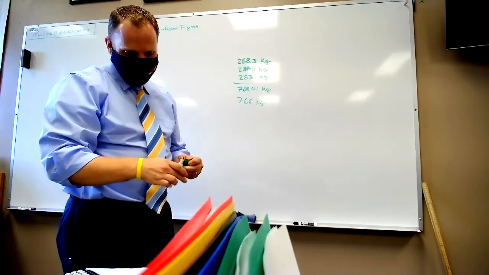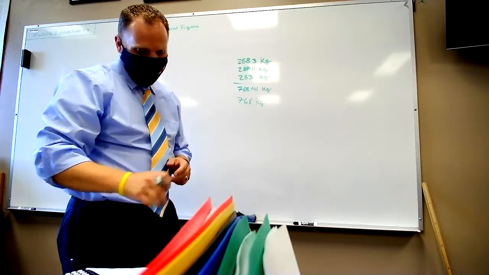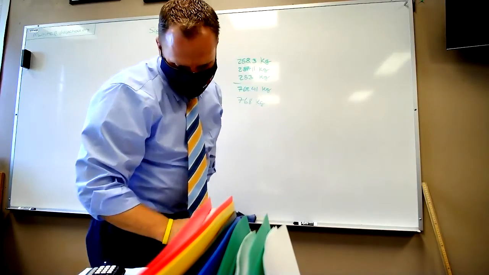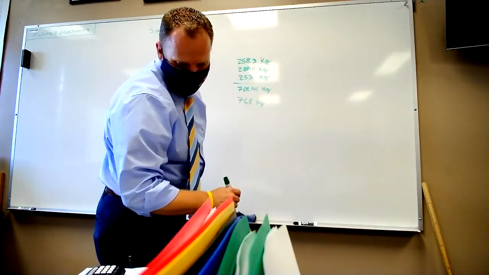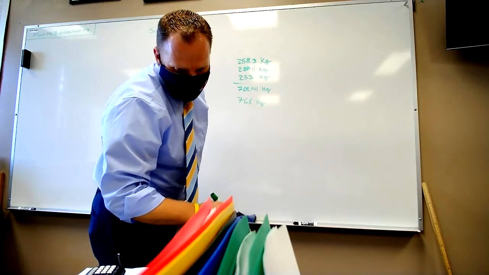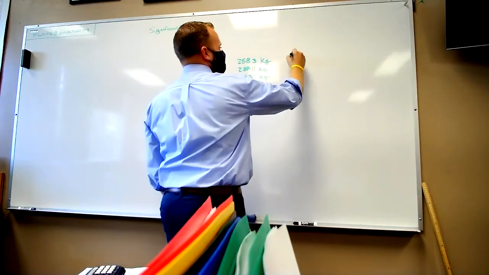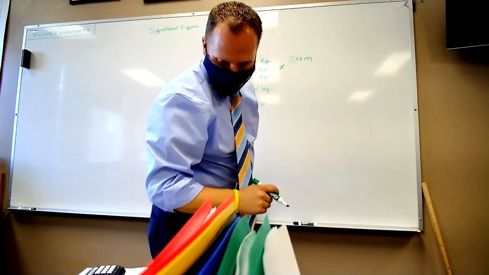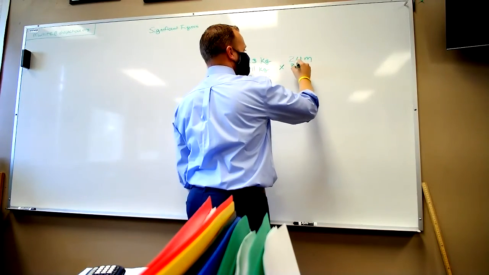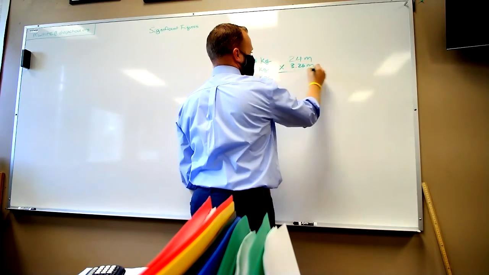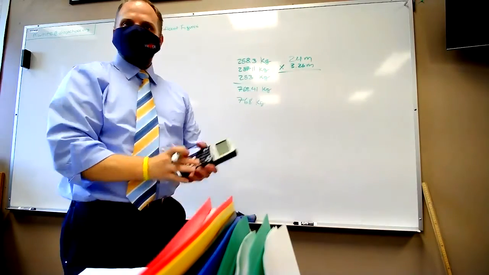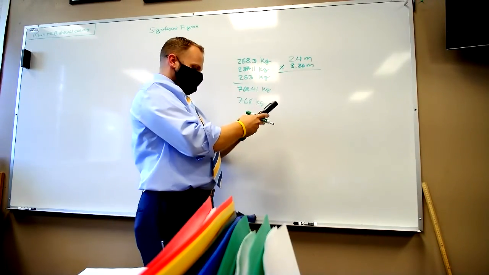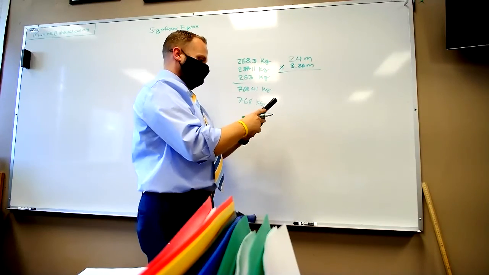Try some multiplication here. Let's see, so these are area problems. So we have 24 meters by 3.26 meters. So once again, let's put it in our calculator first. 24 times 3.26.